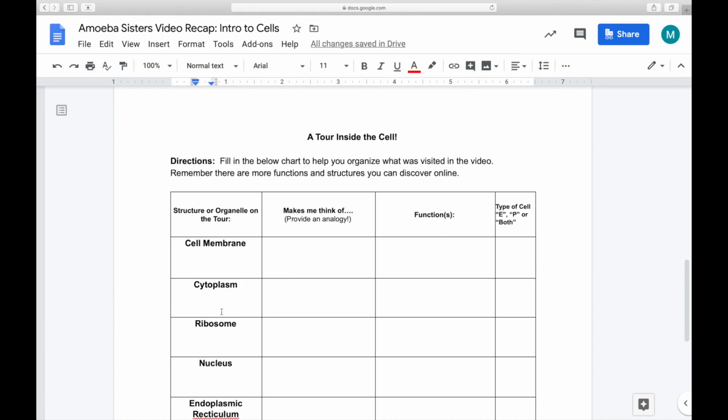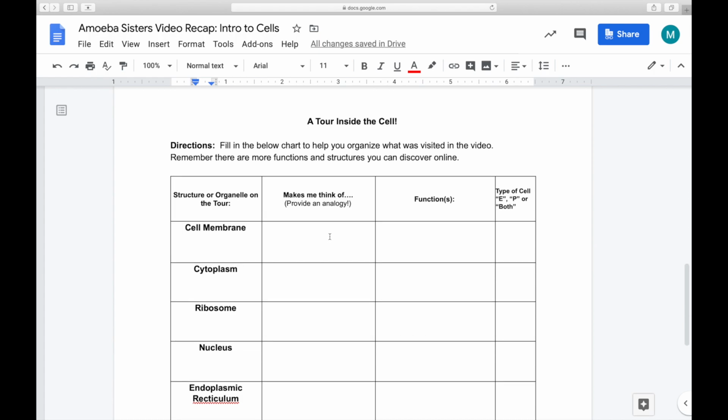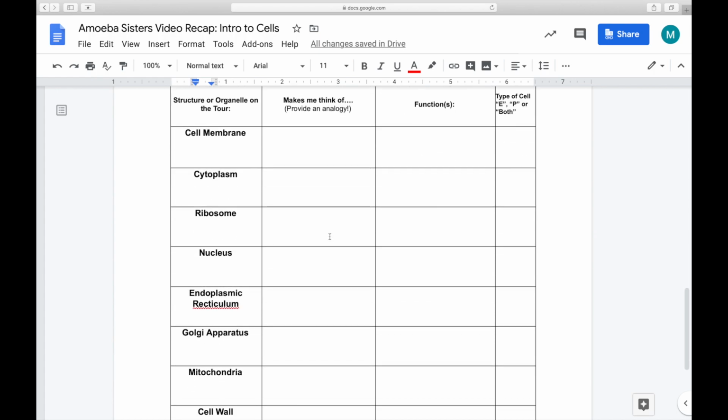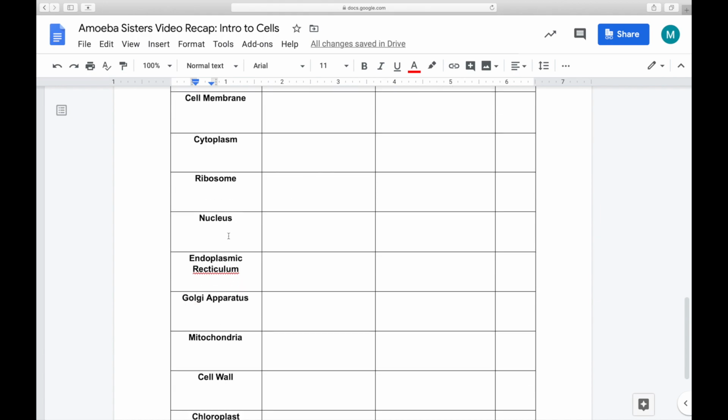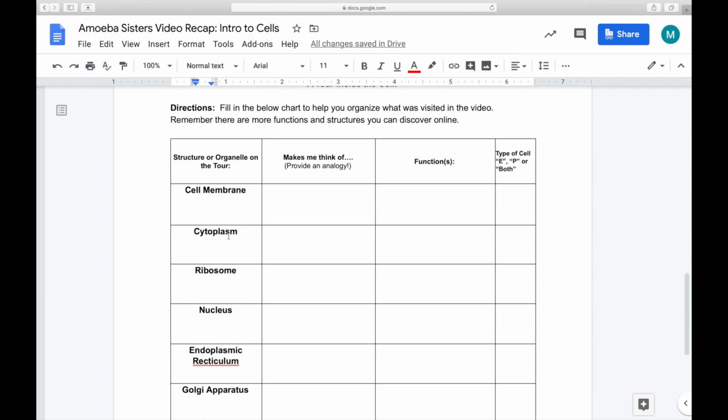In this chart, I want you to fill in the chart below to help you organize what was visited in the video. Remember, there are more functions and structures you can discover online. I put that on there because, yes, these are structures, but these are not all of the structures that are inside all of the cells. These are just some we pointed out.